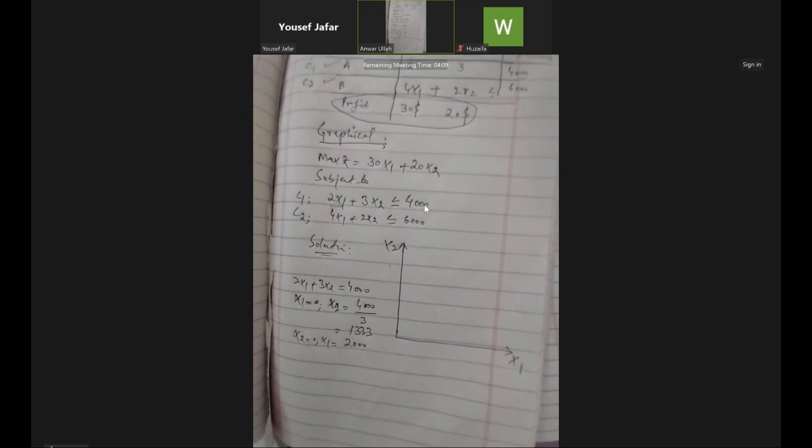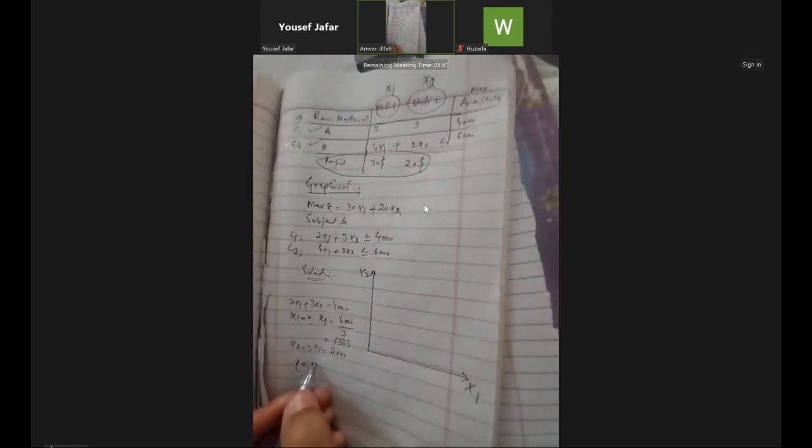And for x2 equal to 0, x1 is equal to 2000, because 4000 divided by 2 gives 2000. So for constraint 1, we have 2 points. The first one is x1 equal to 0 and x2 equal to 1333. And for the second one, x2 equal to 0 and x1 equal to 2000.